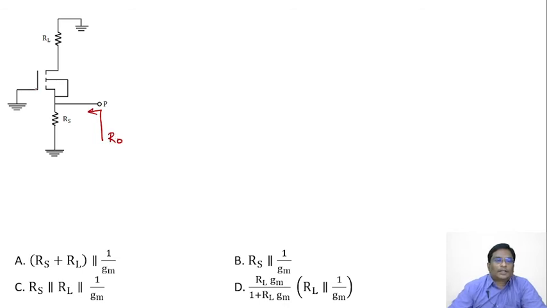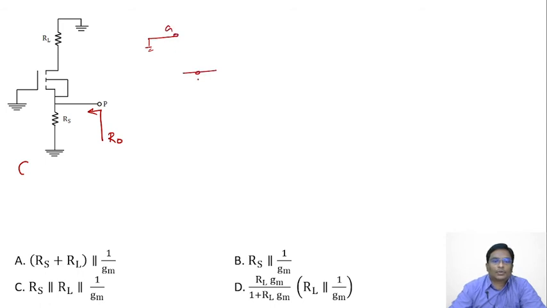That's all. This gate is grounded. For calculating output impedance we deactivate the independent sources present in the network. Simple, let us replace this MOSFET by its small signal model. The gate has no voltage connected; this is a grounded gate.